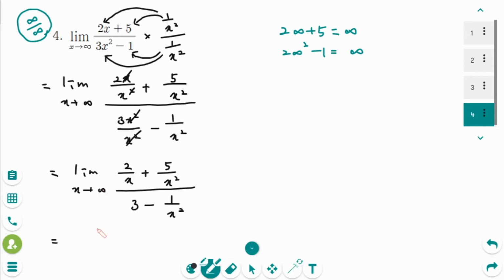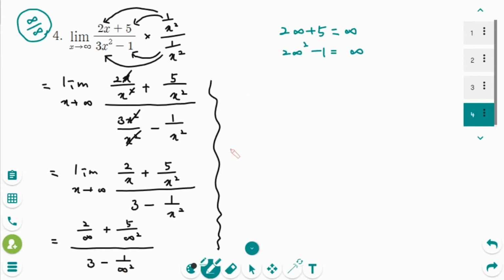And then put infinity into x. 2 over infinity plus 5 over infinity squared, over 3 minus 1 over infinity squared. And this one is 0 plus 0 over 3 minus 0. So this one is 0 over 3. The answer is 0.